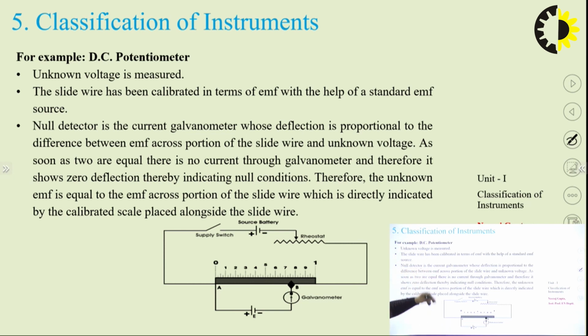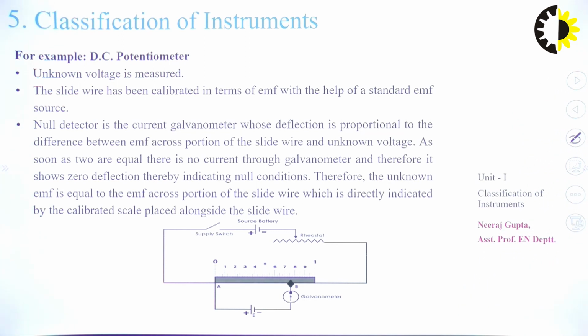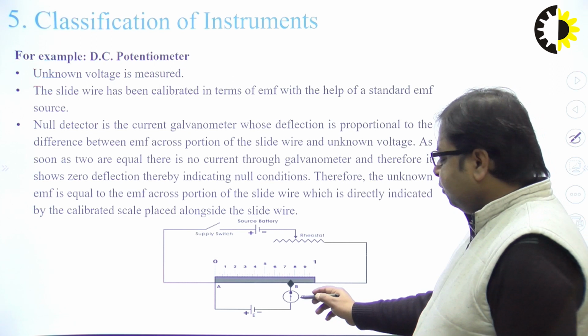So, the slide wire has been calibrated in terms of EMF with the help of a standard EMF source, that is E1 or E. A null detector is a current-sensing device whose deflection is proportional to the difference between the EMFs, and as soon as these two are equal, there is no current through this galvanometer.